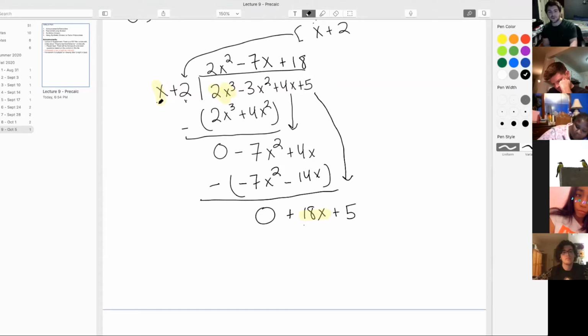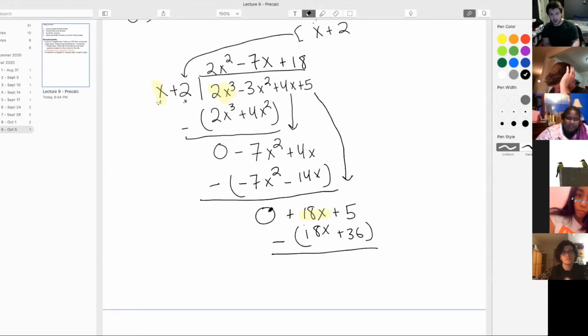And now you just multiply each term of x plus 2 by 18. So x times 18 is 18x, and 2 times 18 is 36. Okay, and now you subtract. So please put a minus sign and put that in parentheses.